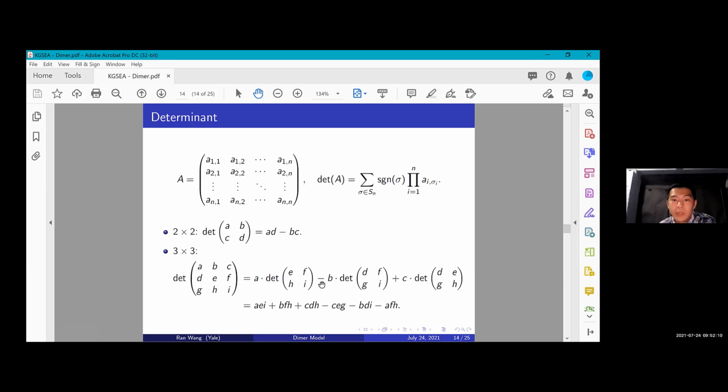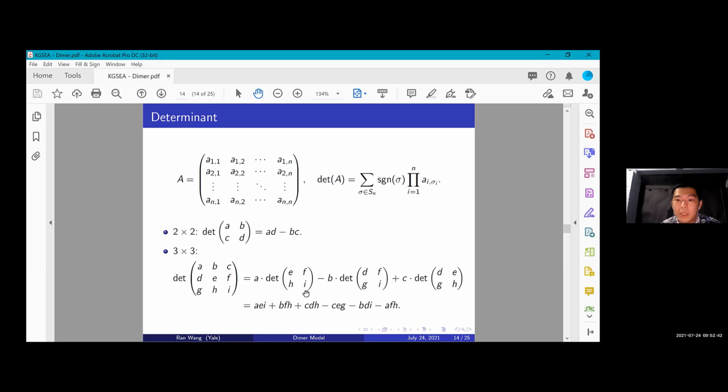After that, we multiply each by the determinant of a smaller matrix. How do we get the smaller matrix? For the case of A, we delete the first row and the first column. The remaining part is E, F, H, I, and that's the matrix here. So for the 3 times 3 determinant, we put this term here: A times the determinant of this smaller matrix.